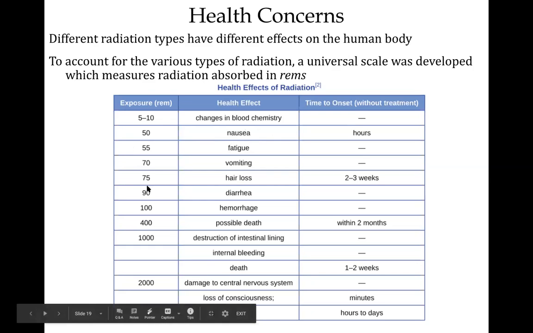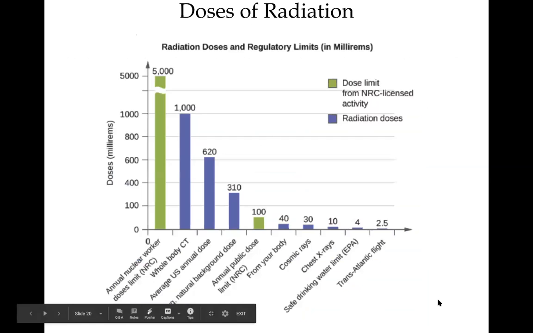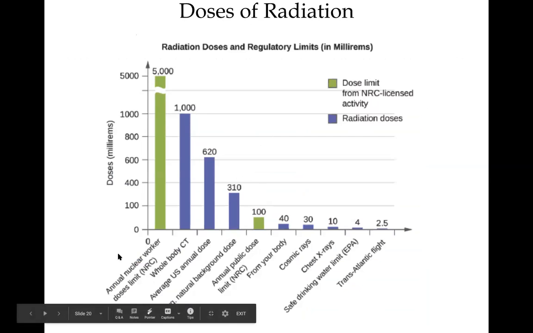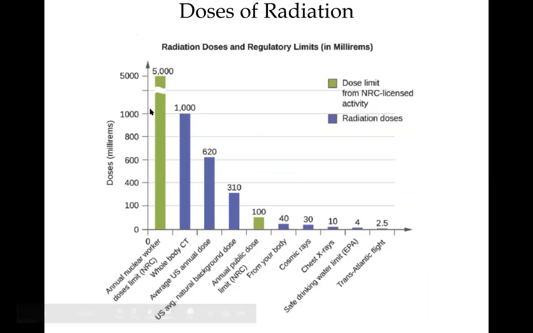I'm not going to go through all this again, but I just wanted to put this in perspective, because when you look at this graph, this is looking at the regulatory limits of radiation exposure, in millirems, okay? So this top bar here, the annual nuclear worker dose limit, is 5,000 millirems, or 5 REMs, right?